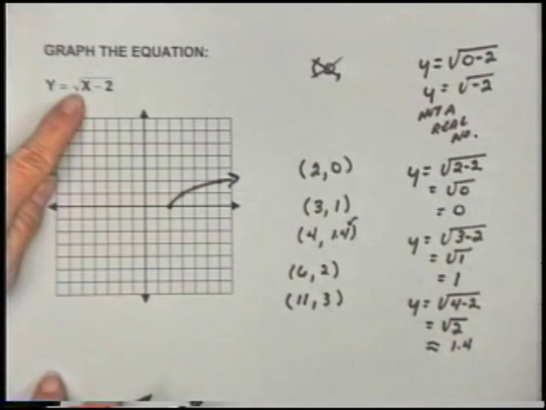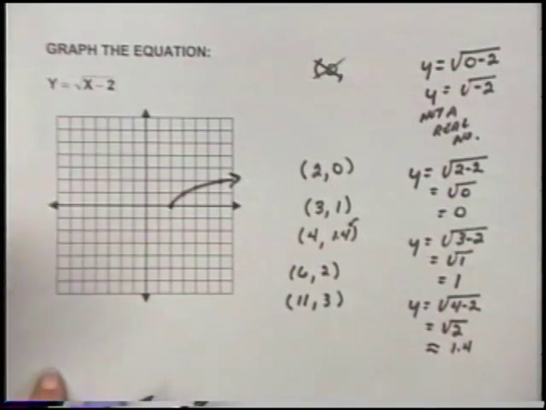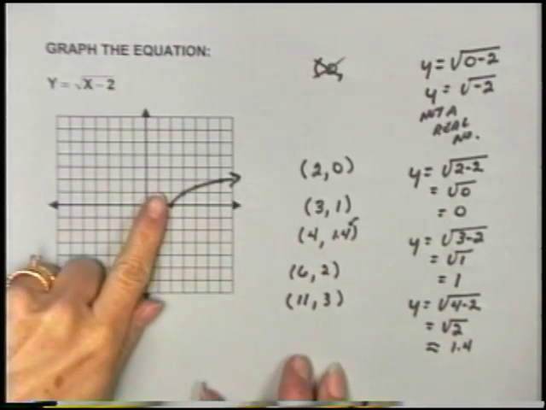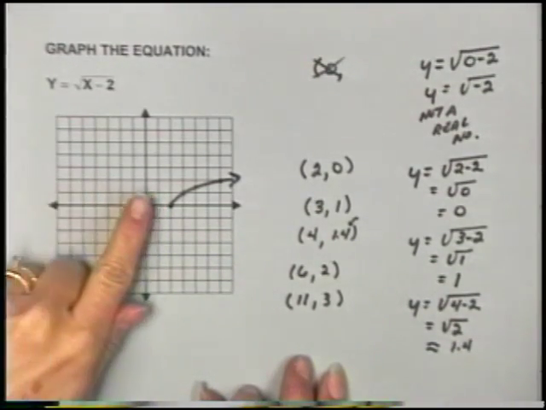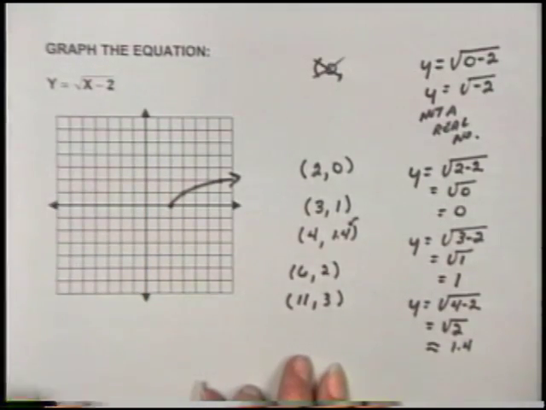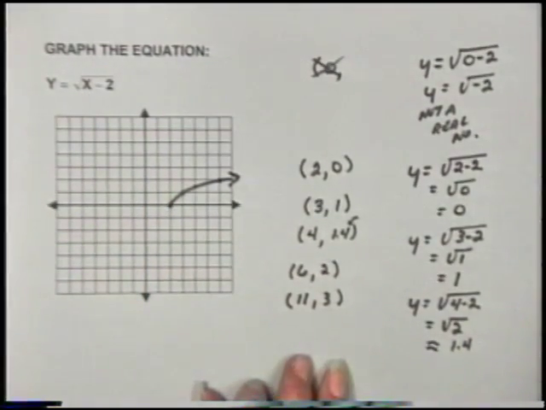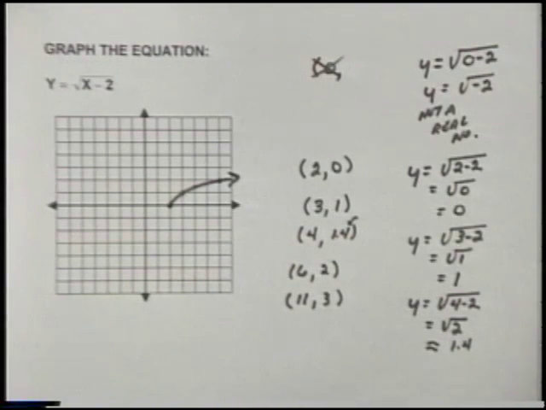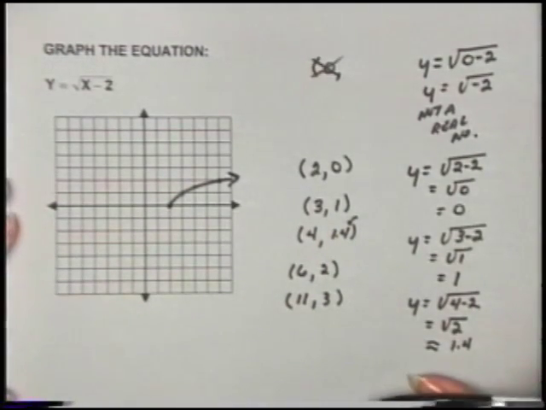Recall that this symbol means the principal or positive square root, so we are not getting any negative answers for our y value. And since we cannot use any numbers less than 2, you'll notice that there's no graph to the left of this 2 point over here, because numbers to the left of 2 would give us a negative number under that square root sign, and we would not have real number solutions.